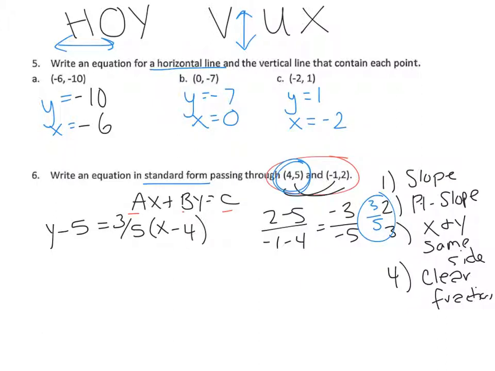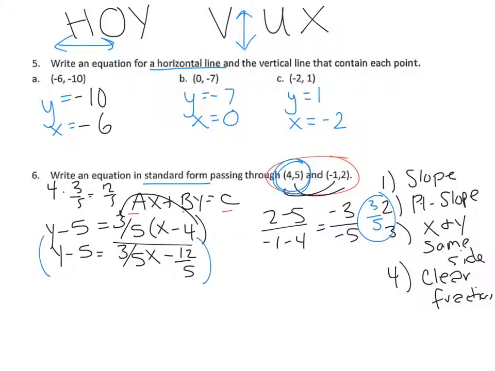Now I need you to use the distributive property and simplify. So y minus 5 equals 3/5 x, and minus 4 times 3/5 is 12/5, so this is minus 12/5. Right now I'm going to clear fractions. If I clear fractions, I need to look at all of my denominators.